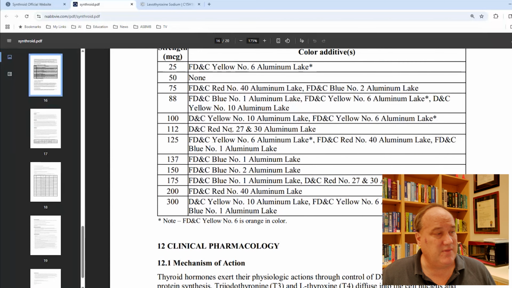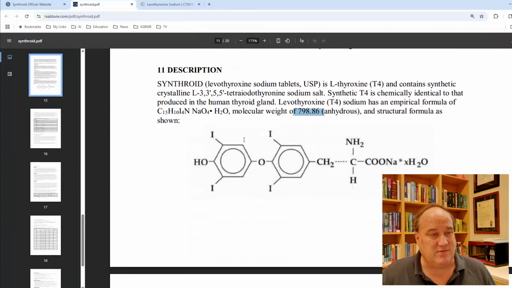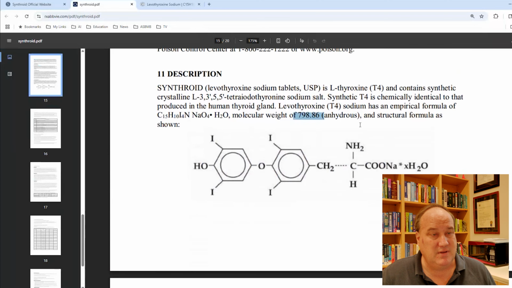Oh, there is one thing to mention under the chemistry. So why is this called L-thyroxine, right? Well, one of the things you'll notice here is these dashed lines right here. Now, most of the lines between the various substituent groups are solid lines.